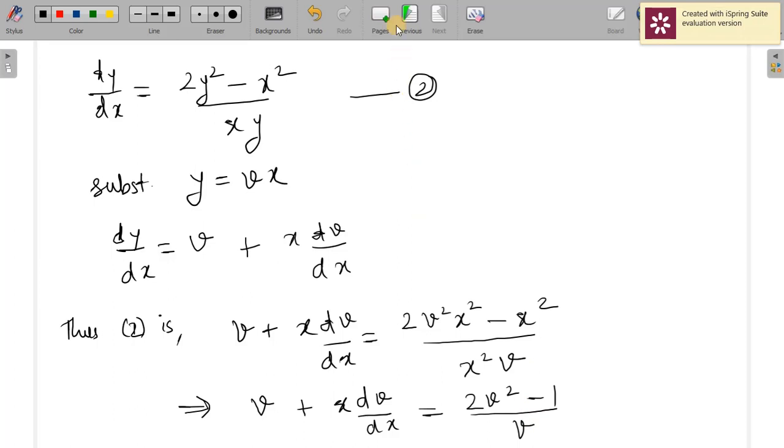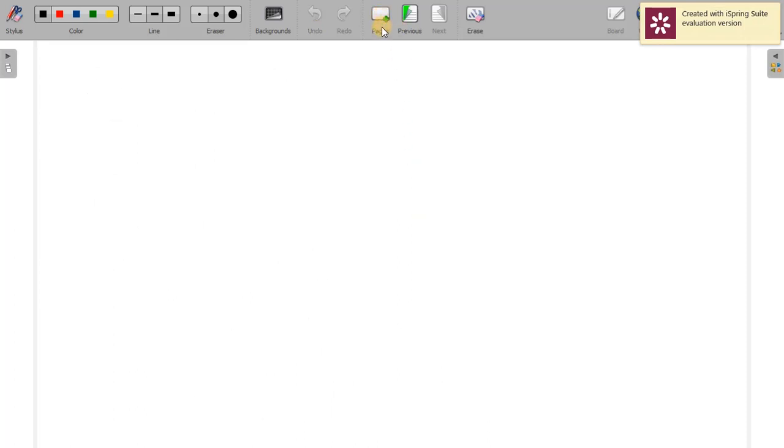So the expression that we get is v plus x dv by dx is equal to (2v² − 1) upon v.